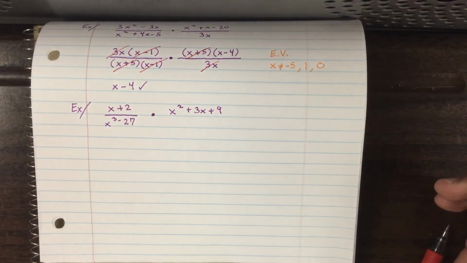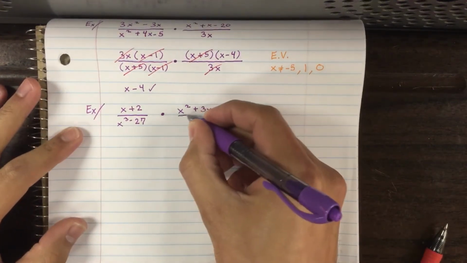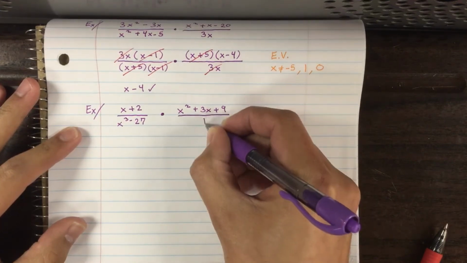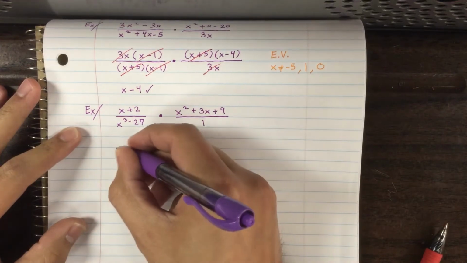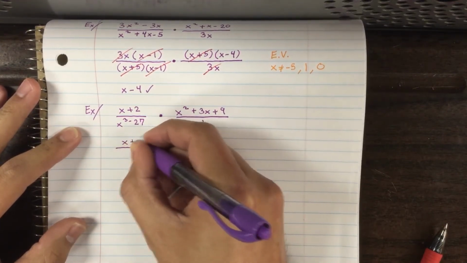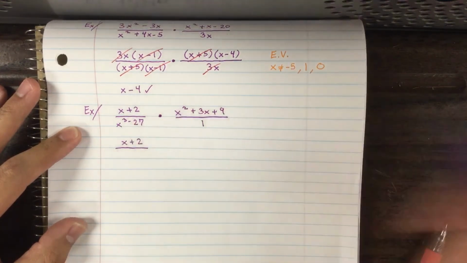Okay? So, in this case, the denominator here is going to just be 1. And then you factor everything else. So how do I factor? This top's going to stay the same. How am I going to factor x cubed minus 27?